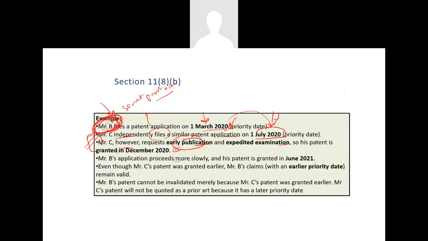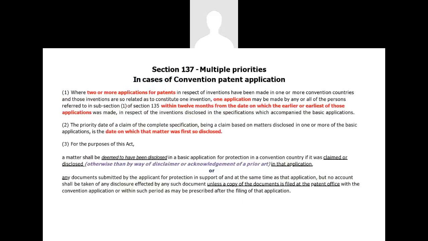Mr. C cannot say Mr. B's patent should be invalidated, because when you look at the priority dates, Mr. B has an earlier priority date than that of Mr. C's granted patent. Section 137, which is on convention patent application, is exactly the same. The only difference is that instead of provisionals filed here in India, the provisional applications are filed in some foreign country from where the priority is taken, and within 1 year the convention patent application is filed in India.